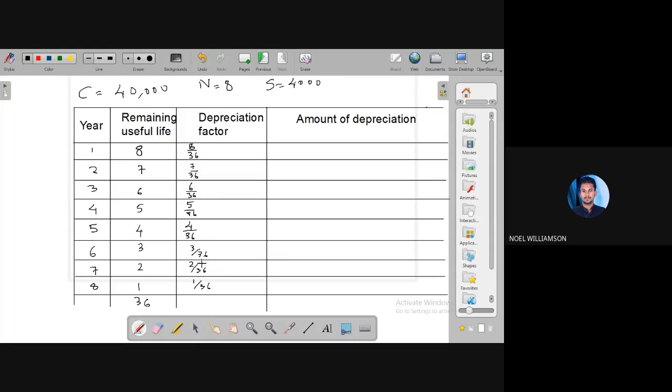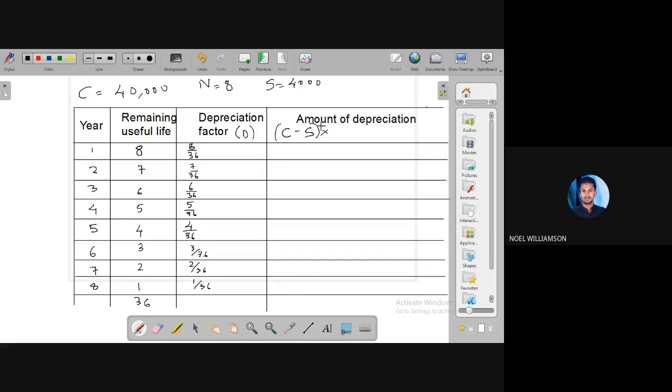Now this depreciation factor will be multiplied by the net amount. What is the net amount? The total cost minus the salvage value, right? So here what we do is the total cost minus salvage value multiplied by the depreciation factor, whatever it is.